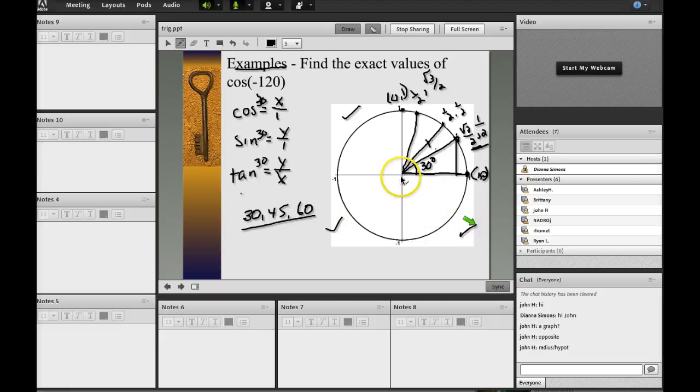Make sense? What are the signs for x and y in the second quadrant? Negative, positive. All the x values are negative in the second quadrant. All the y values are positive, right? What about in the third quadrant? Say again. Negative, negative.